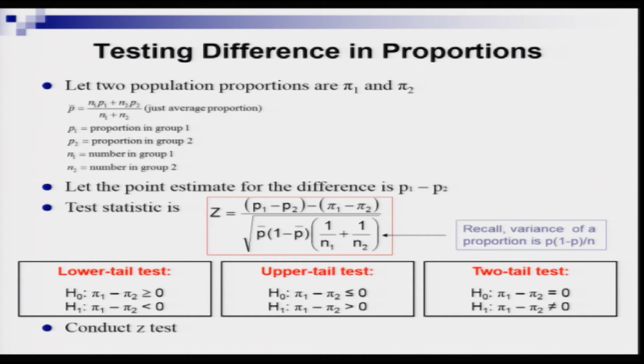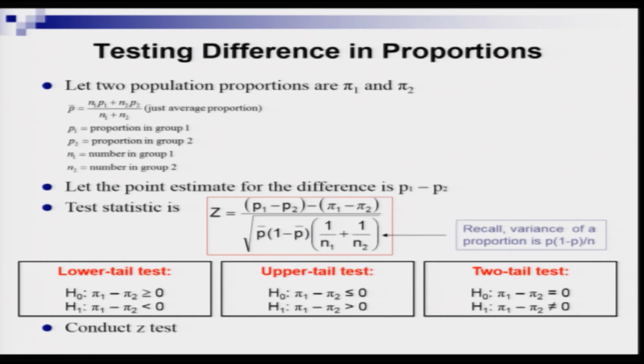So, basically now you have two different sample sizes n 1 and n 2. So, you see the term that you are seeing under the square root, that is basically the combined variance of two different samples. So, of course, here also we can see that there could be three different scenarios.